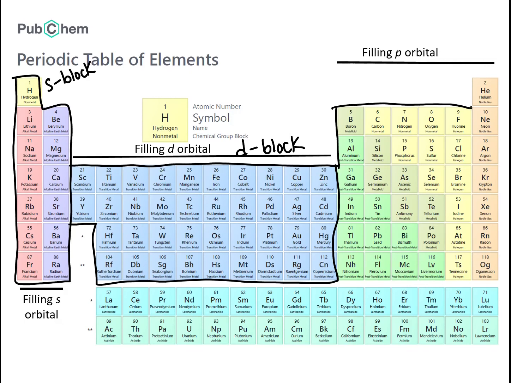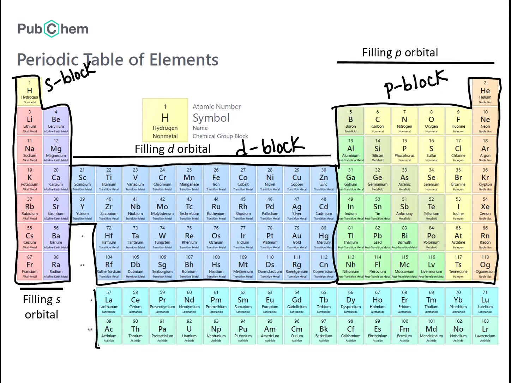After that, you have the p block, because you're filling the p. So wherever the element is, S block, D block, P block, and at the bottom here is F block, because you're filling the F orbital.